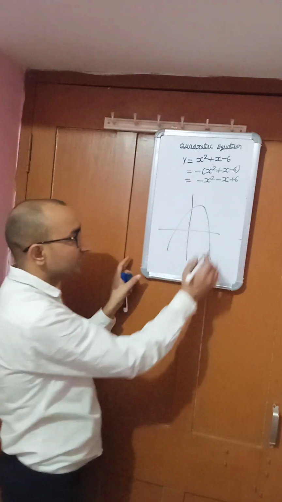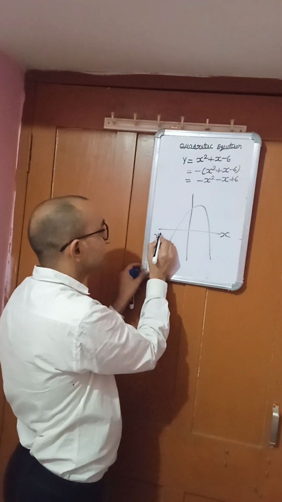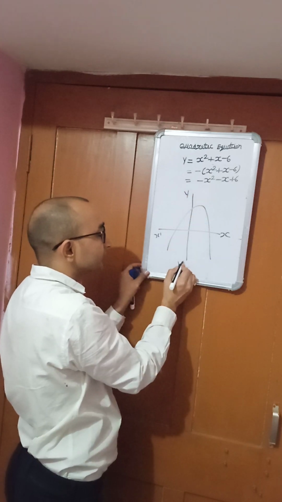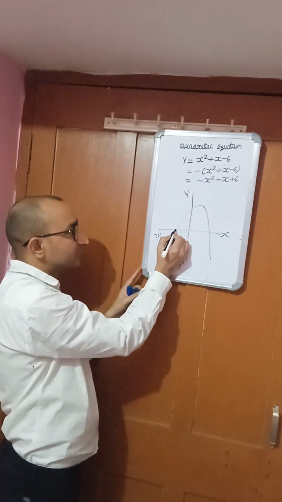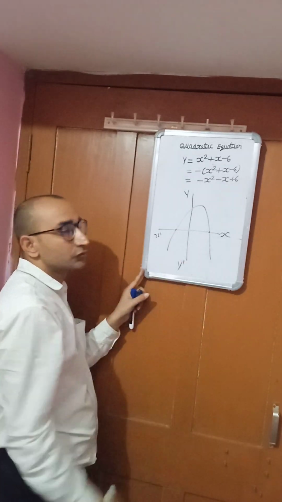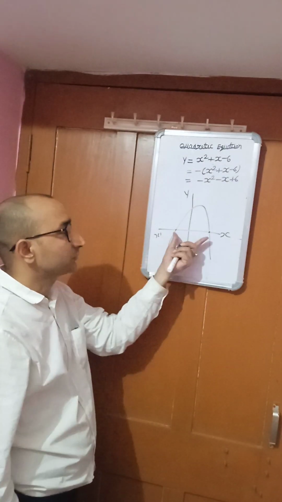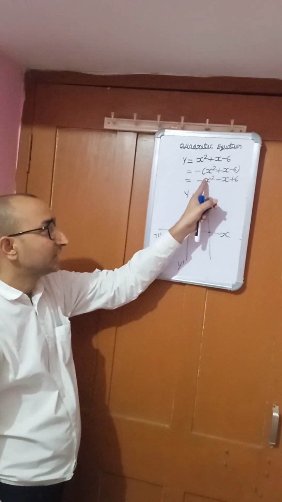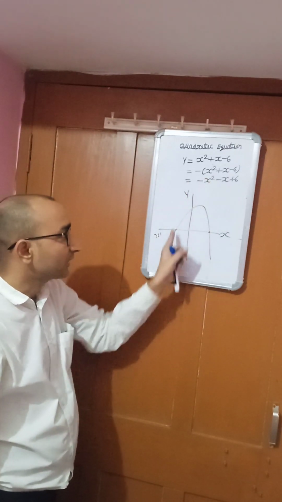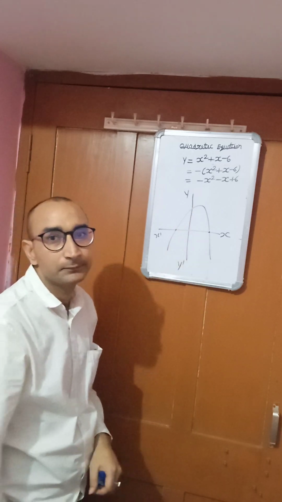This is x, this is x dash, this is y, this is y dash. Here the parabola cuts the x-axis at 2 points, so here two solutions will be there, and because it has a negative sign, that is why it has a downward parabola.